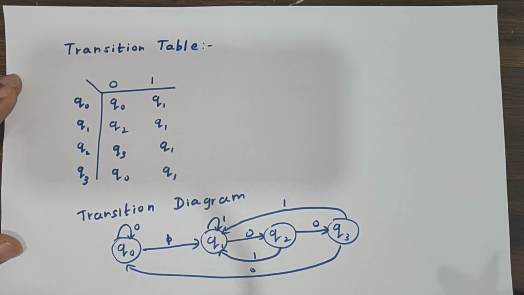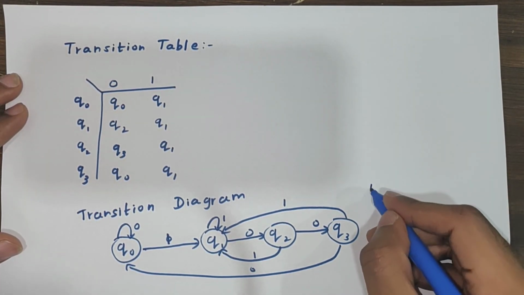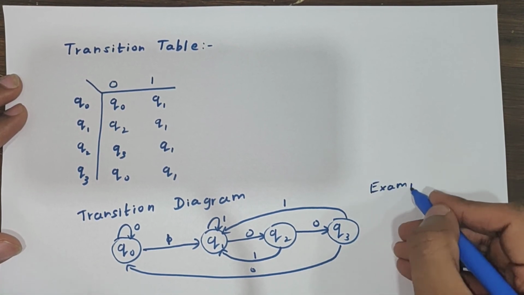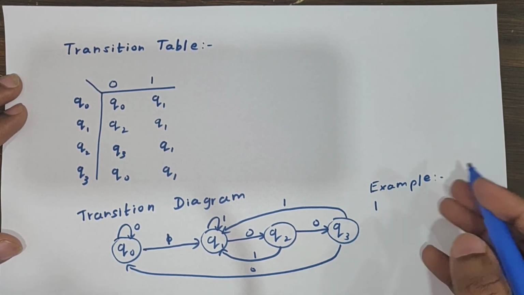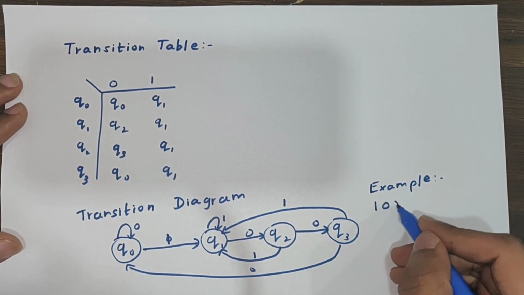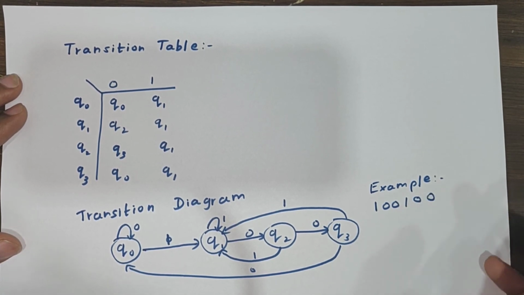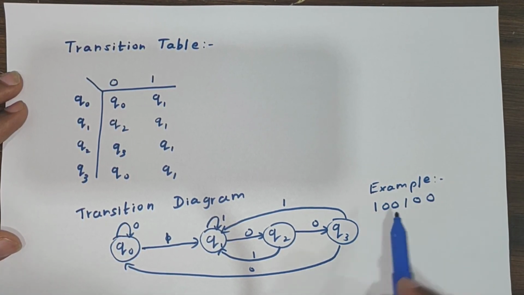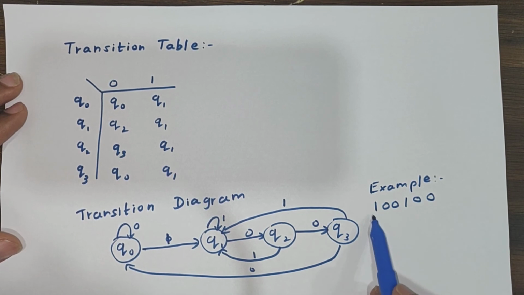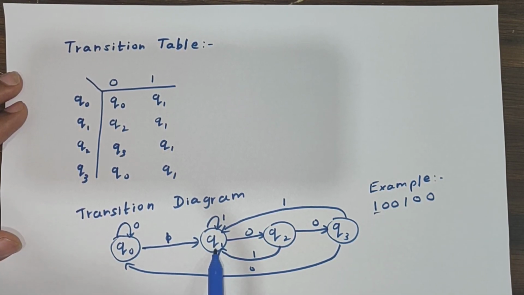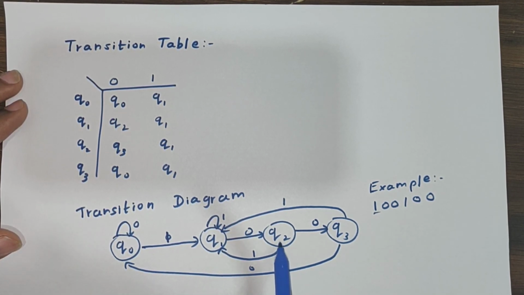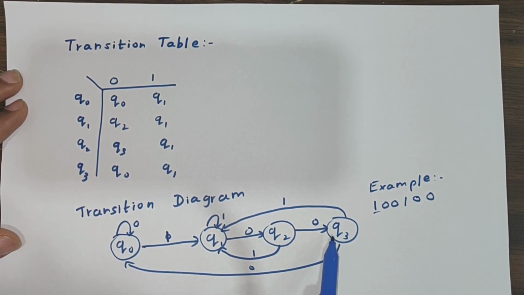Now let us check this with an example: 100100. Q0 is the initial state, so Q0 on 1 goes to Q1, Q1 on 0 goes to Q2, and Q2 on 0 goes to Q3.